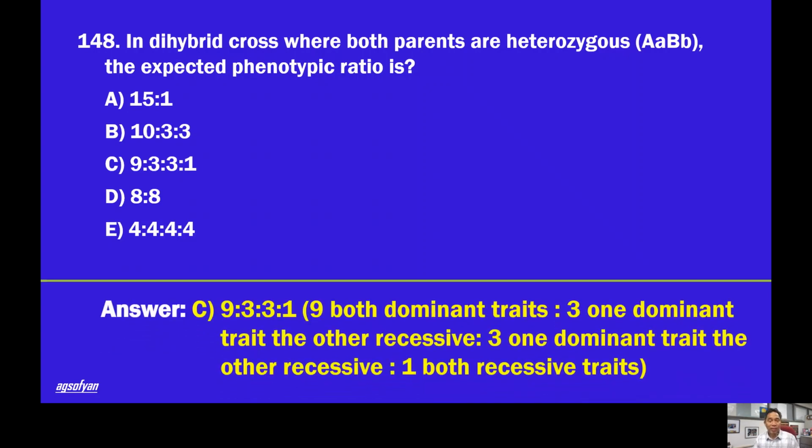Okay, the phenotypic ratio will be 9:3:3:1. 9 with all dominant characteristics. 3 with one dominant characteristic and the other recessive, and the other 3 with one recessive and the other dominant, and the last one, only 1, will show both recessive characteristics.